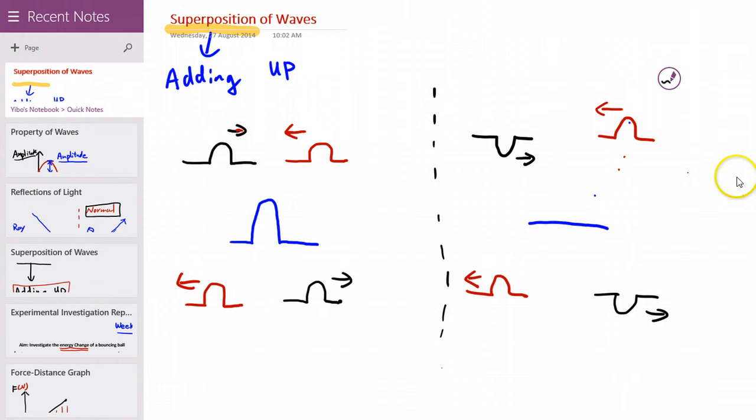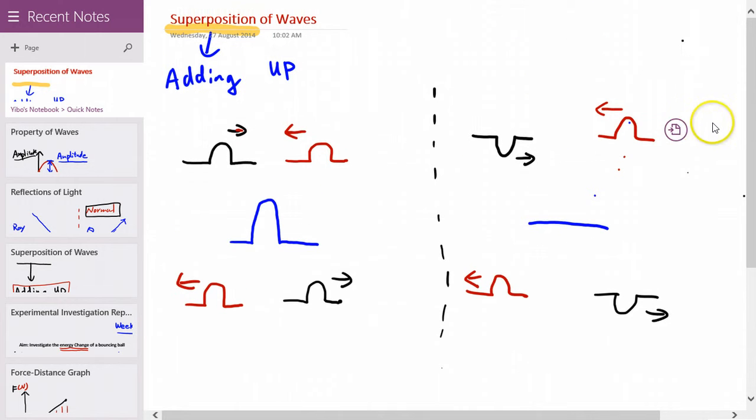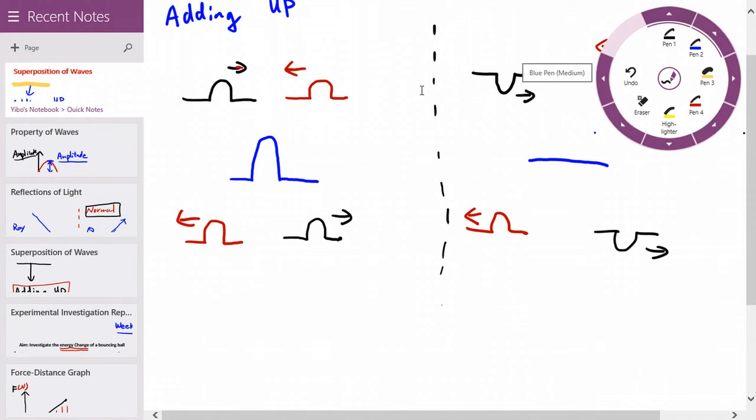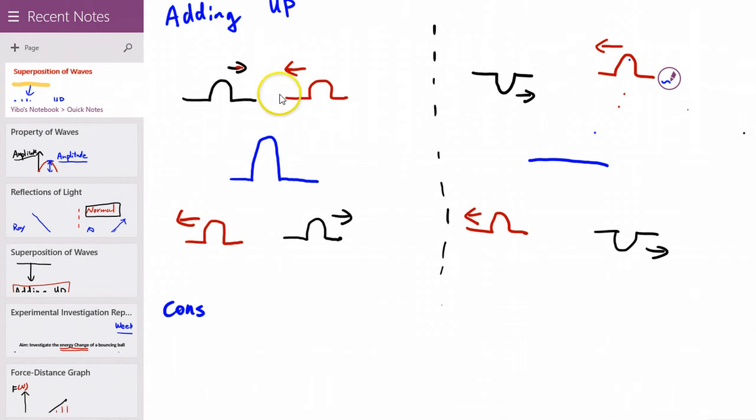But however, the scientists invented some more fancy words. They use the words constructive interference for this situation here.